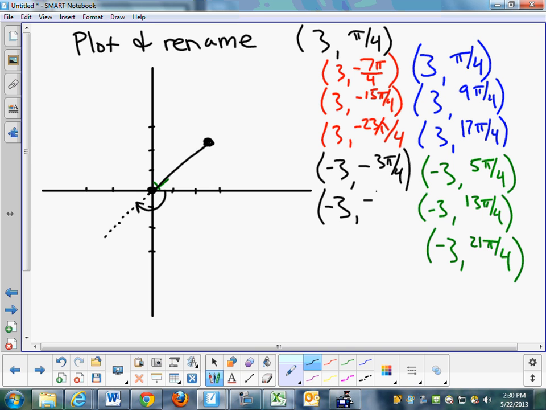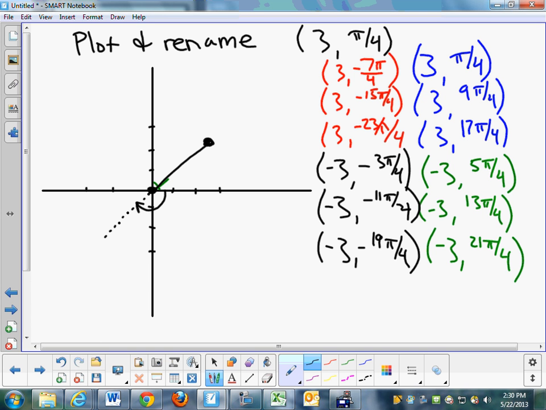So I had negative 3, negative 11 pi over 4. And I would have negative 3, negative 19 pi over 4. And obviously there's an infinite number of choices for each one of those. So I just took one coordinate, 3 pi over 4, and I named it 12 ways, and they all put you in the same exact spot.